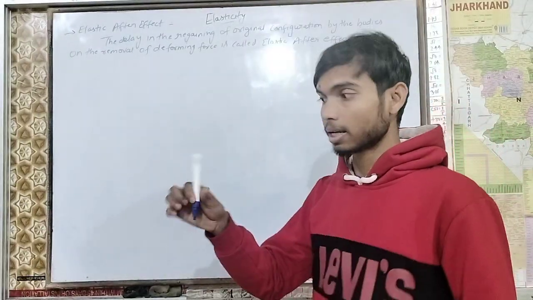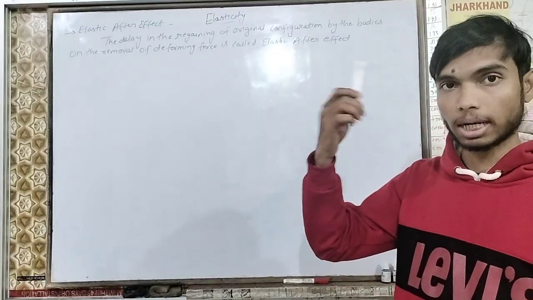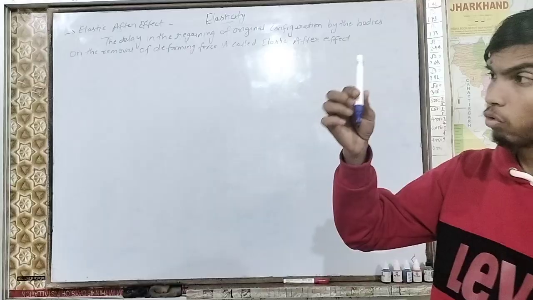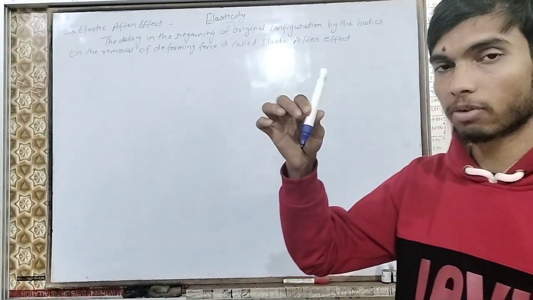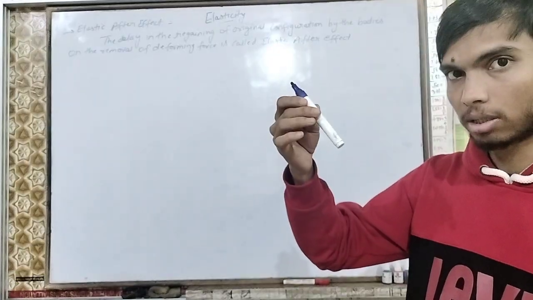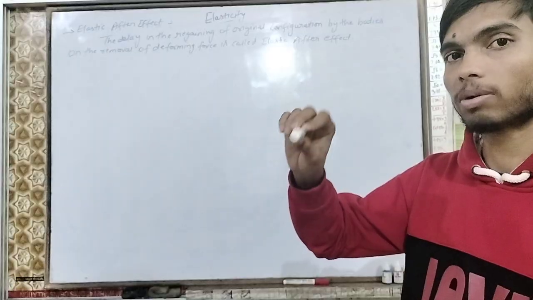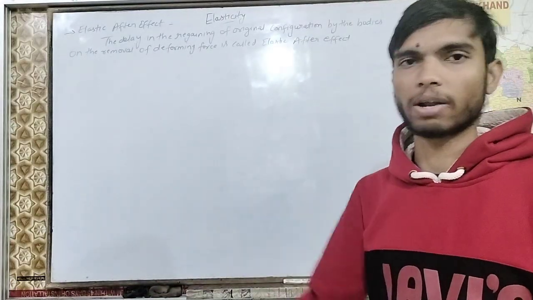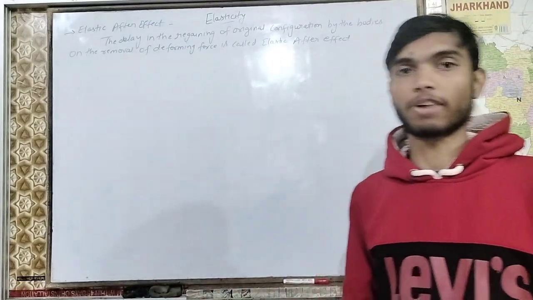For example, this marker also has a large elastic after effect. When we apply a deforming force on this object and then remove it, it will take time to regain its original shape. Time is more, so elastic after effect is more. If time is less, elastic after effect is less.